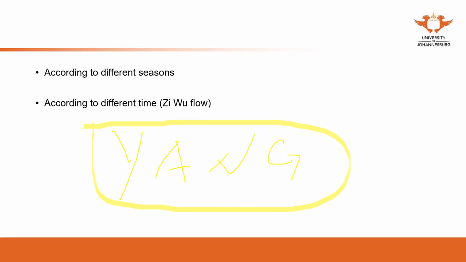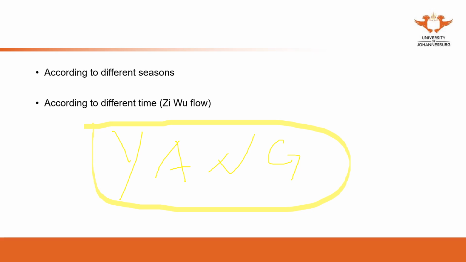In autumn and winter, the qi and blood go deeper into the body. So in spring and summer, we will choose the more superficial points. In autumn and winter, we will choose the deeper points. That's from the Nanjing.